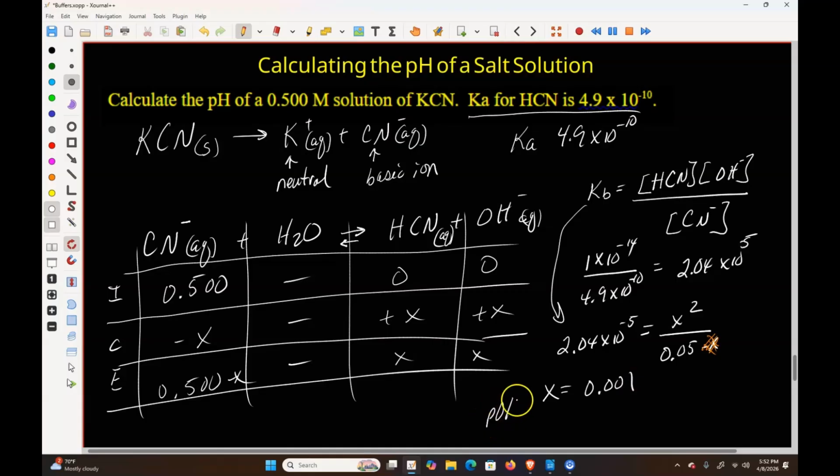So the pOH is equal to the negative log of 0.001. So the pOH is equal to 3. So the pH then will be 14 minus 3, which equals 11. That means that this salt will have a pH of 11.